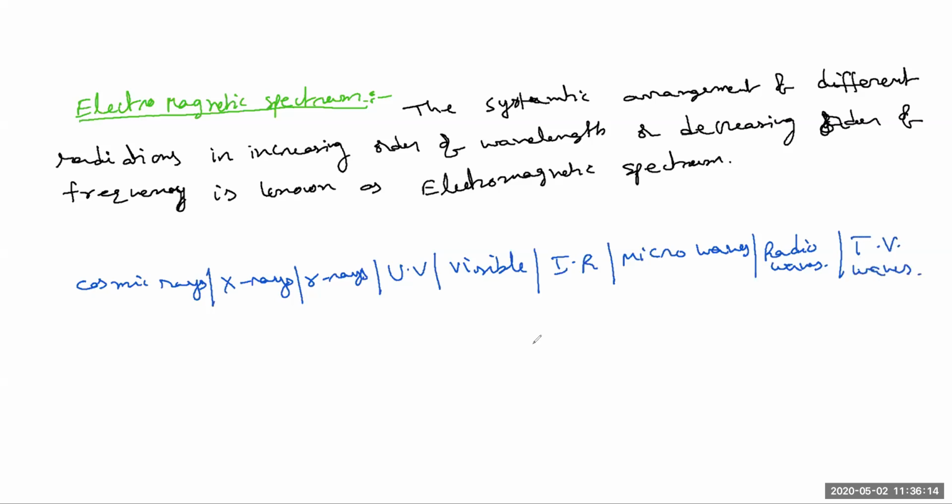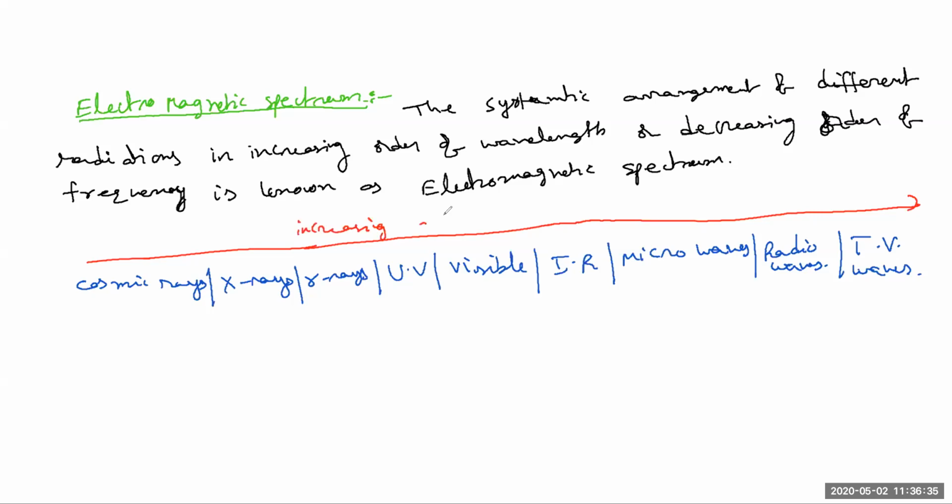This is the order. What does this order mean? This is the increasing order of wavelength. IR means infrared radiations.